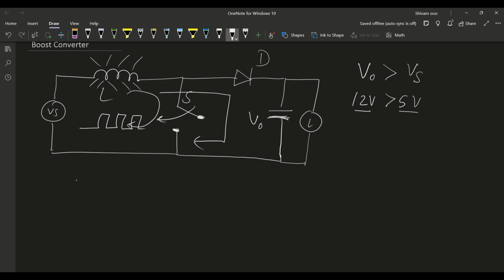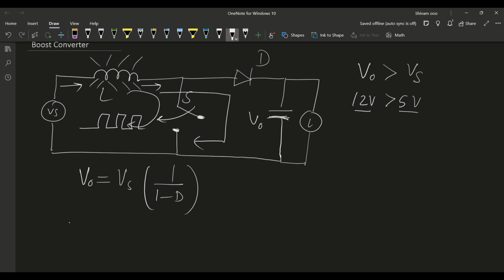We can see how the output voltage is related to the input voltage. The transfer function is given as this. We can derive it from the equations: the current going into the inductor and the current going out, the average of that will be zero over a period.